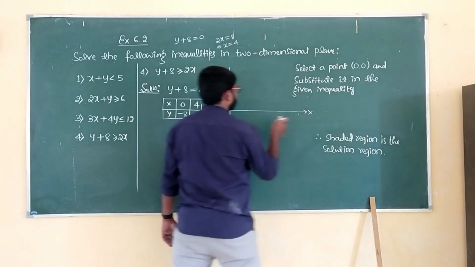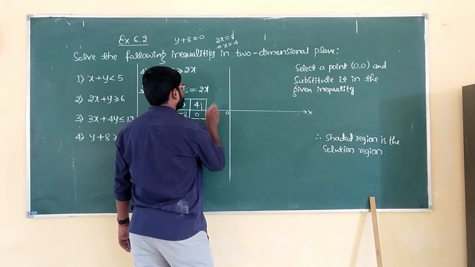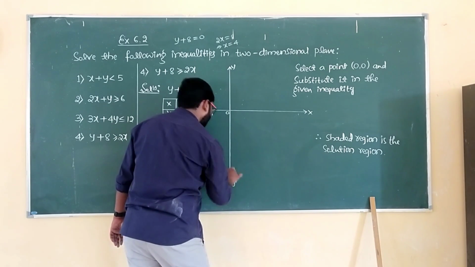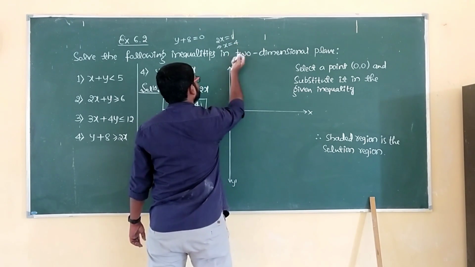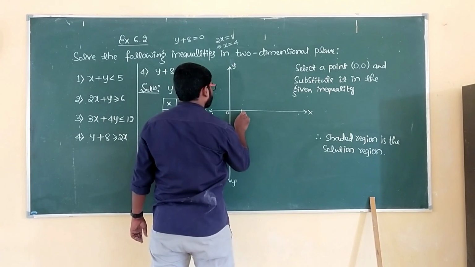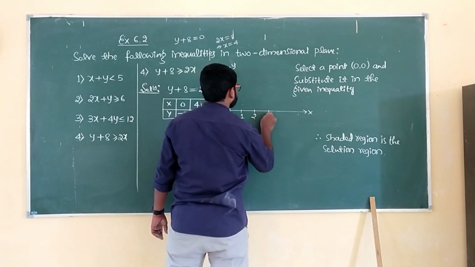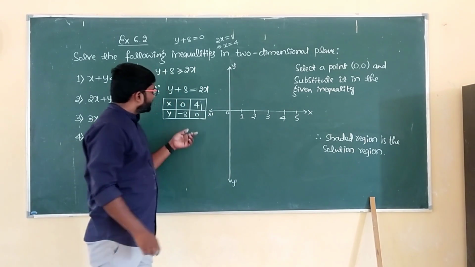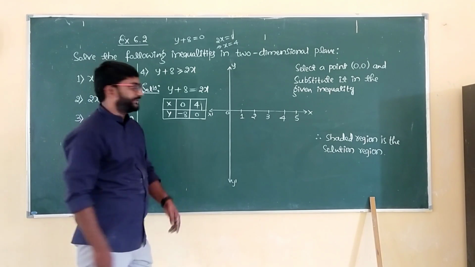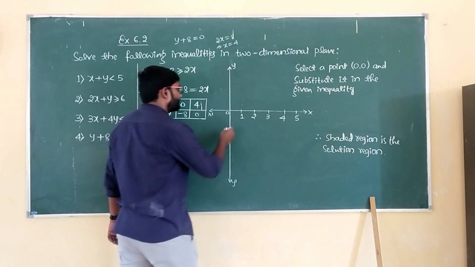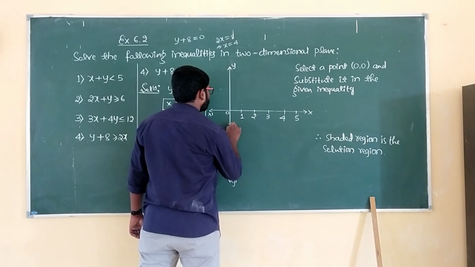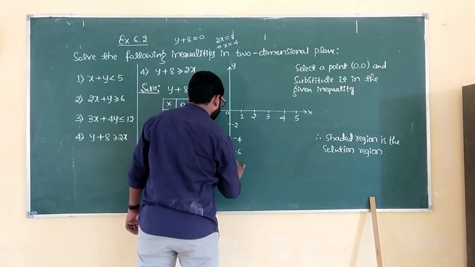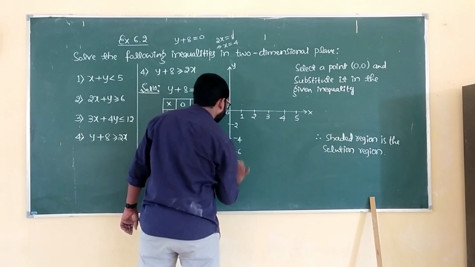So this will be x origin and x dash, this is y, and this is y dash. So it is 1, 2, 3, 4, 5, and here we can consider minus 2, minus 4, minus 6, minus 8. Depending on the table, we consider the values on the x or y axis. So it is going to be minus 2, minus 4, minus 6, minus 8, and this is minus 10.